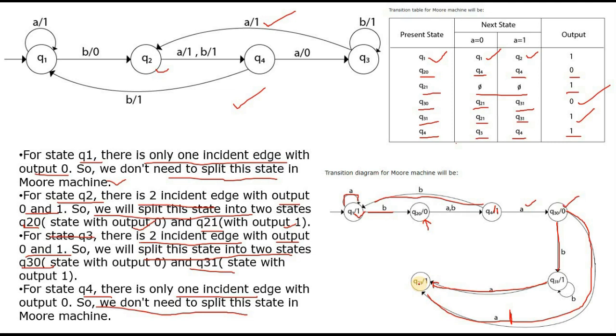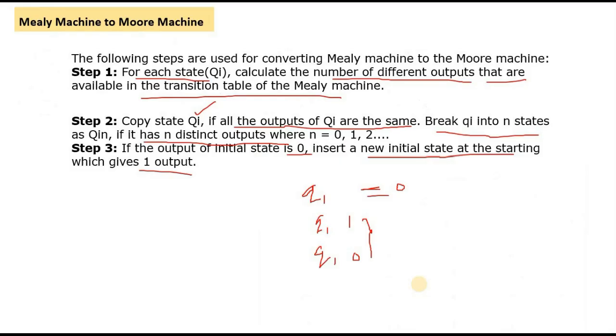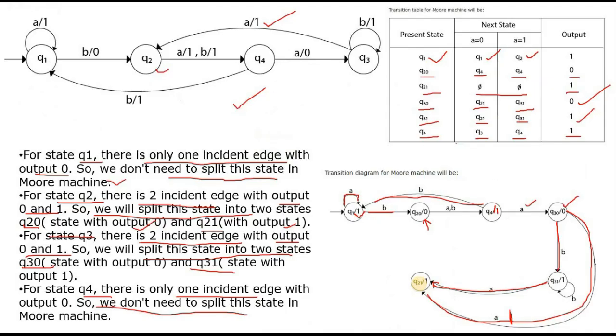So this is how we need to convert, I mean to say, from Moore to Mealy machine. Sorry, Mealy to Moore machine. So what is the difference?